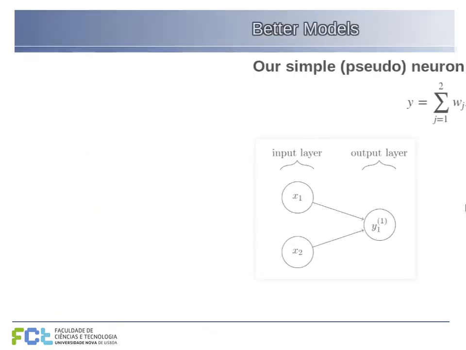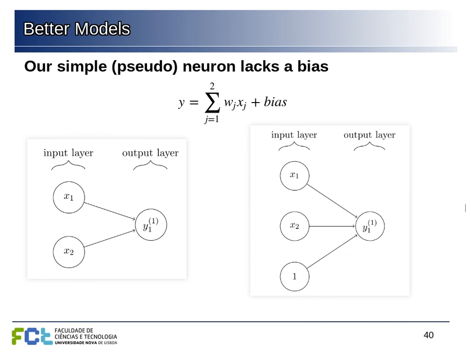Okay, so now let's improve the model a bit. We started with this very minimalistic pseudo neuron, but it is missing an important component, which is the bias. The reason I used this one is that it only has 2 weights, so it makes plotting the weight space a lot simpler.